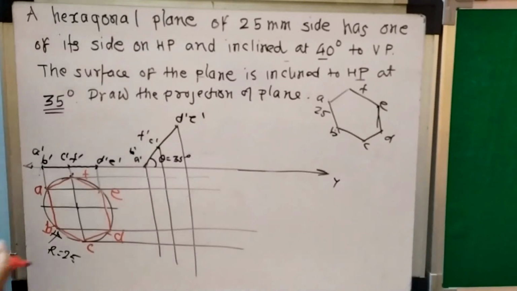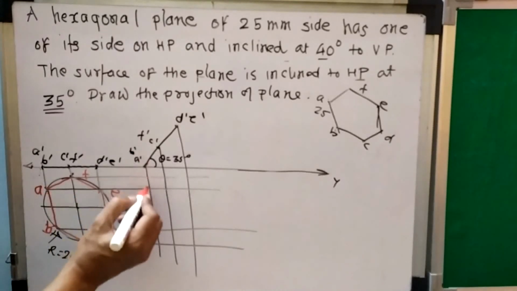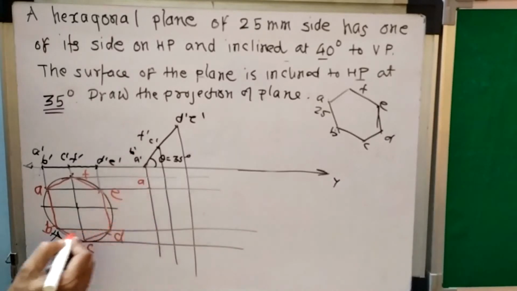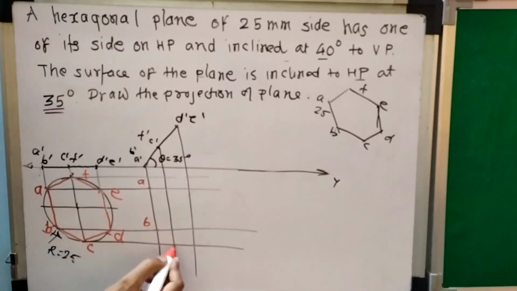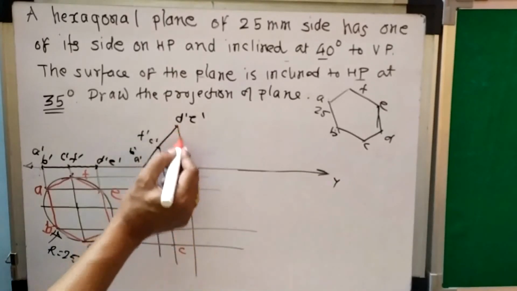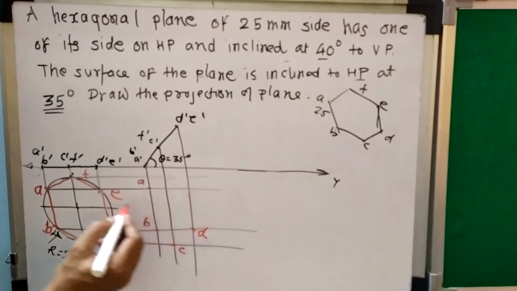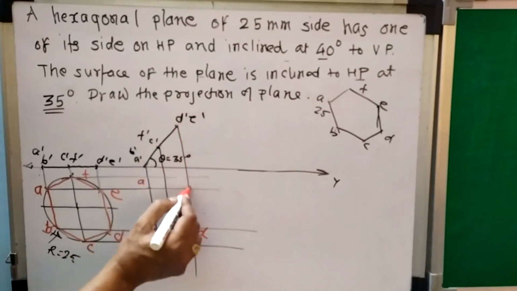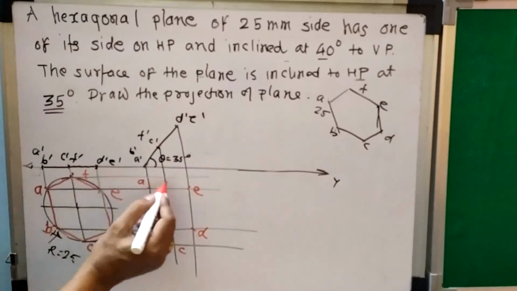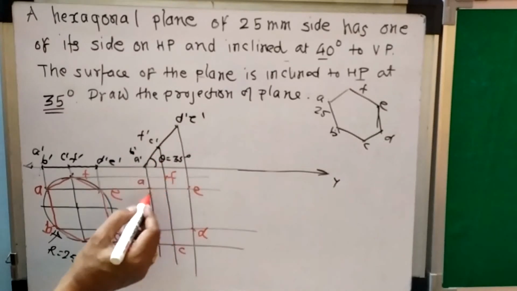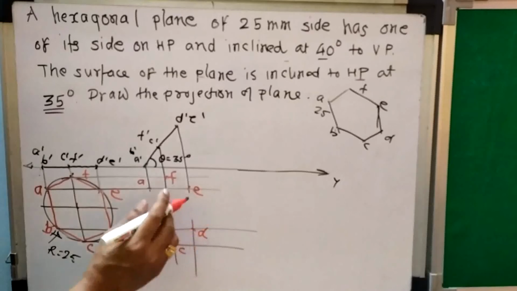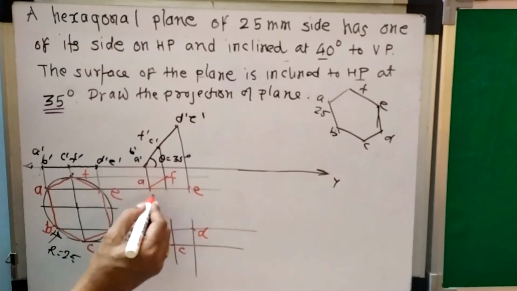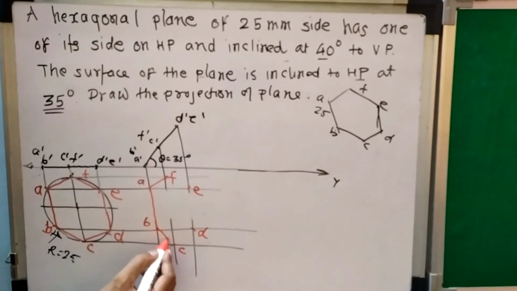So this A with this A, B with this D point, C with this C, D from this D, then E with E, F with F. So I get A, B, C, D, E, F. I will join this and get a hexagon in the top view.